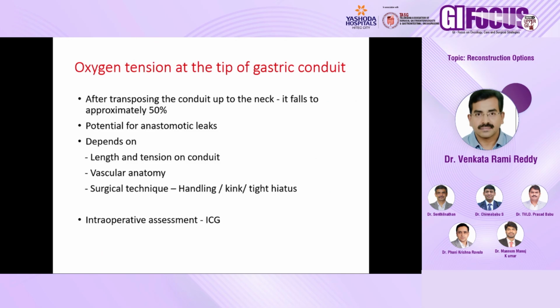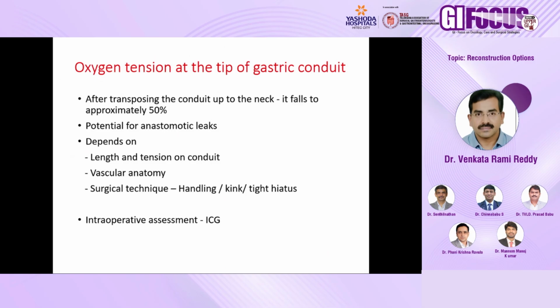When you make this gastric conduit, the most important thing is the vascularity. There are studies which have looked at the oxygen tension at the tip of the gastric conduit. When you mobilize the stomach and take it into the neck, the oxygen tension falls by almost 50% compared to normal, and that can lead to a leak in the anastomosis.